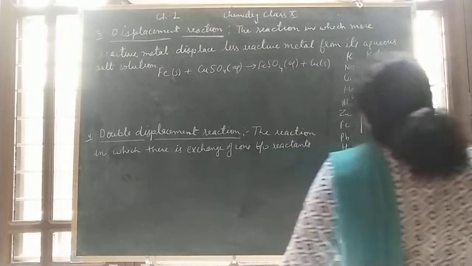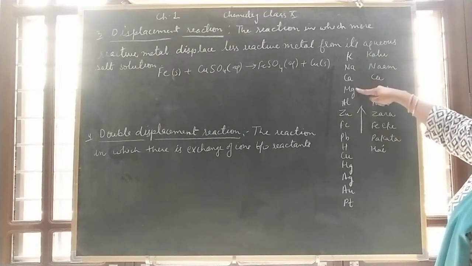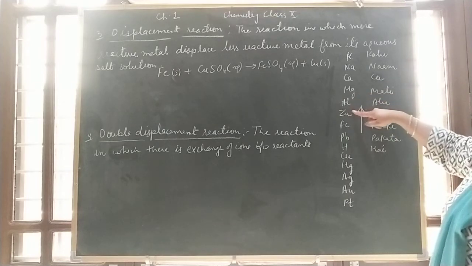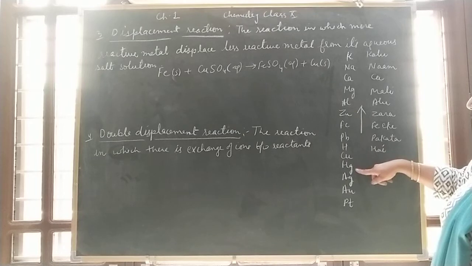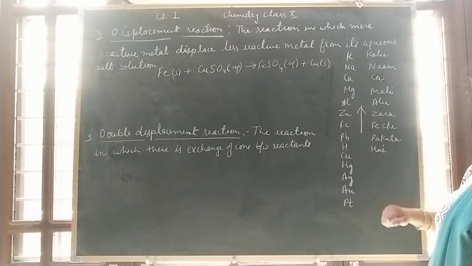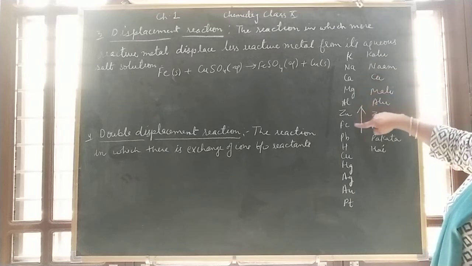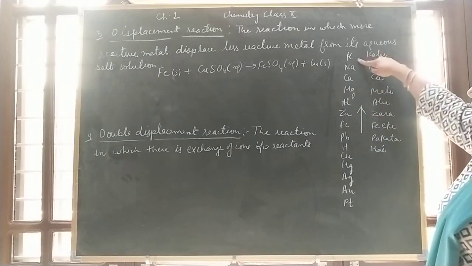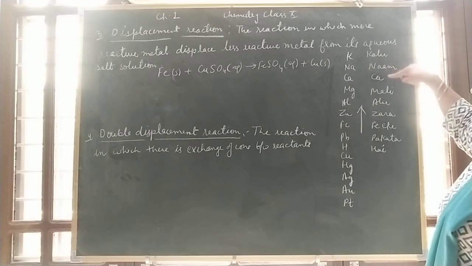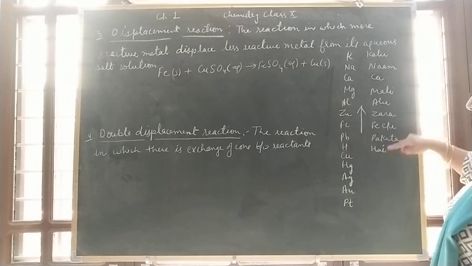I have written here the reactivity series: potassium, sodium, calcium, magnesium, aluminium, zinc, iron, lead, hydrogen, copper, mercury, silver, gold and platinum. In order to learn it in an easy way, I have written here कालू के नाम का माली आलू जरा फीके पकाता है.